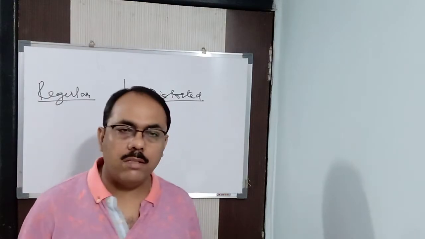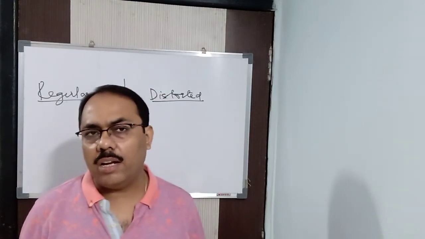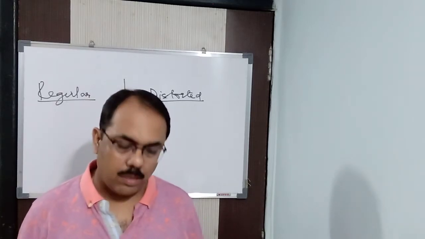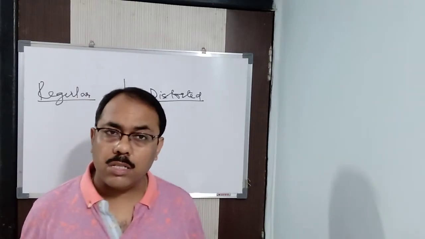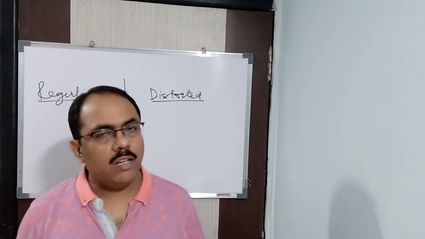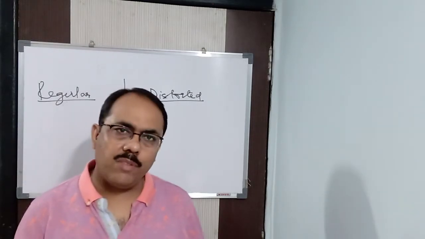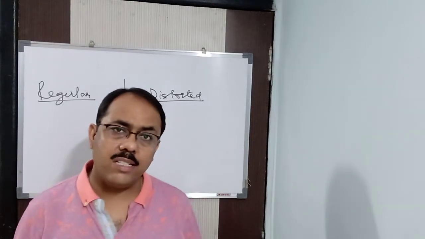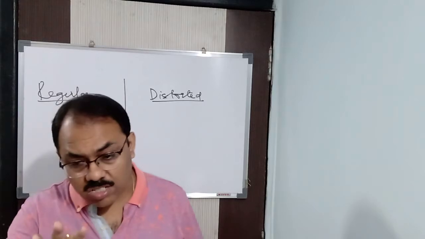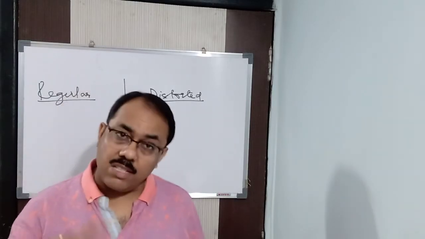Suppose the bond angle is 109.5 degree, then what should it be? Tetrahedral. Tetra means 4 planes will be there. But if the bond angle is slightly decreasing here, then the shape is not tetrahedral, it may be bent, it may be pyramidal, so this is called distorted.